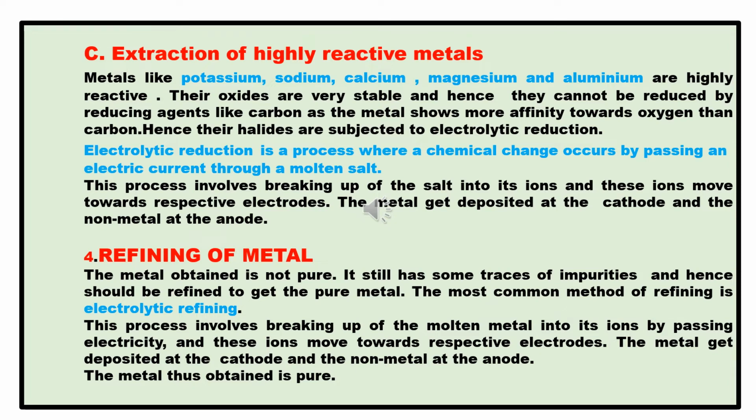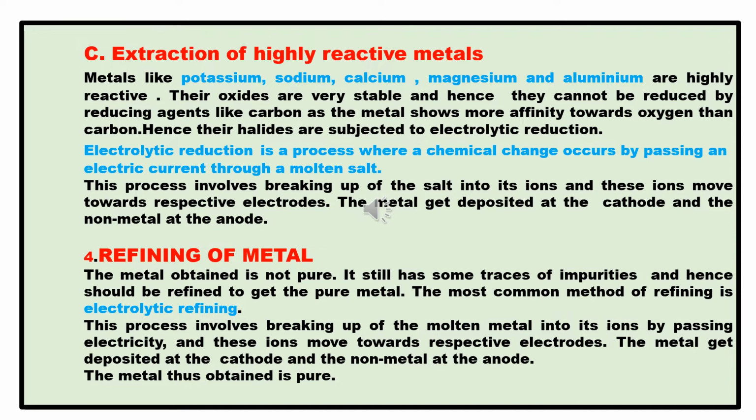That metal is not in the pure form. It still has some traces of impurities and hence should be refined, purified to get the pure metal. The most common method of refining is electrolytic refining. So in most metals' case, we use electrolytic refining.